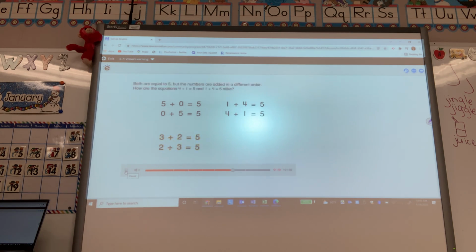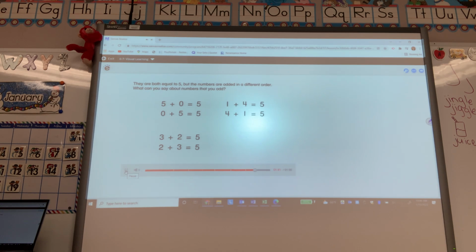They both get 5. Both are equal to 5, but the numbers are added in a different order. How are the equations 4 plus 1 equals 5 and 1 plus 4 equals 5 alike? They are both equal to 5, but the numbers are added in a different order.